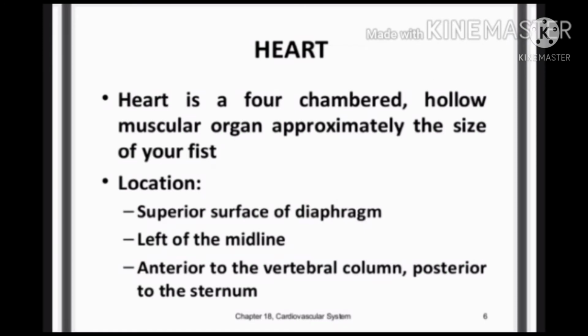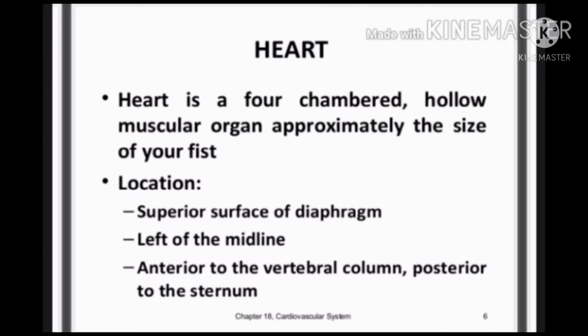Now in this slide you can see the structure of heart. Now what is heart? Heart is an organ which is four chambered, and it is a muscular cone shaped organ about the size of a fist of the person. It is located in the upper body between the lungs with its pointed end downwards and pointing towards the left.